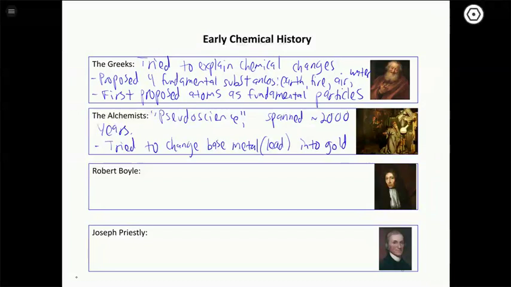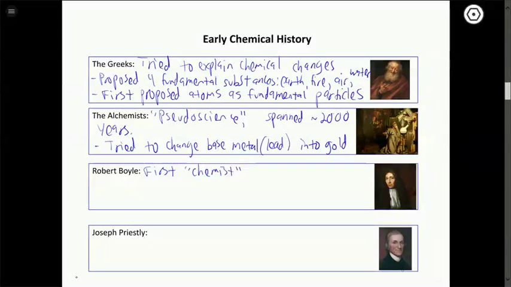Now, the first real chemists came around probably in about the 1700s or so. I don't remember the exact dates. Robert Boyle is very often credited as being the first chemist. He was the first person that really made quantitative measurements on substances, and he was working with gases.